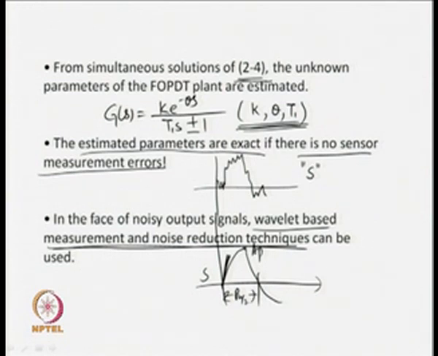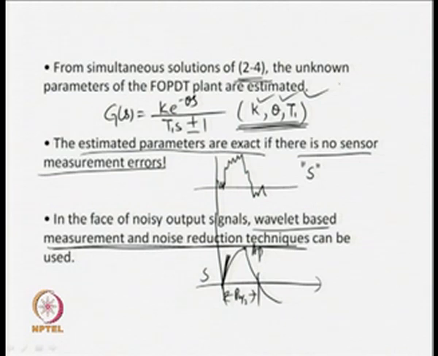So, when the measurements are error free and the output is clean, not subjected to measurement errors or extraneous error signals, in that case it is possible to estimate the 3 unknowns using the three expressions we have found earlier. Those expressions are given by the equations 2, 3 and 4.